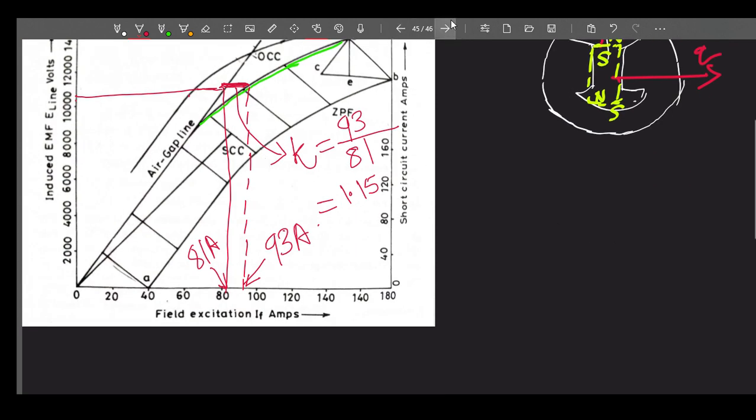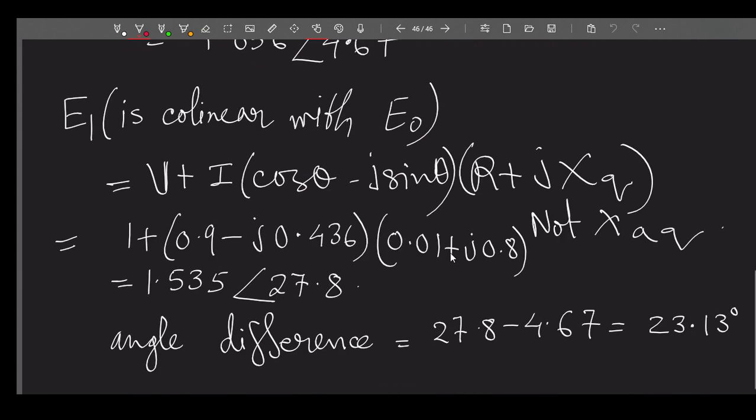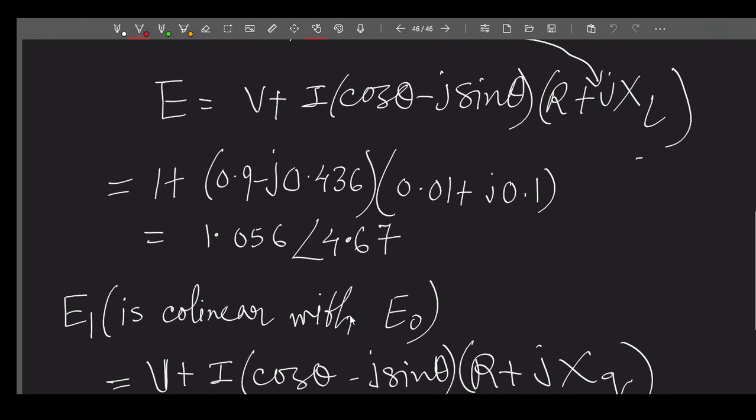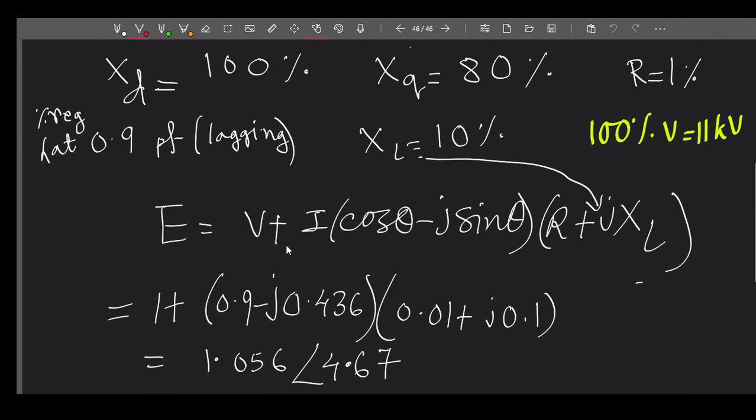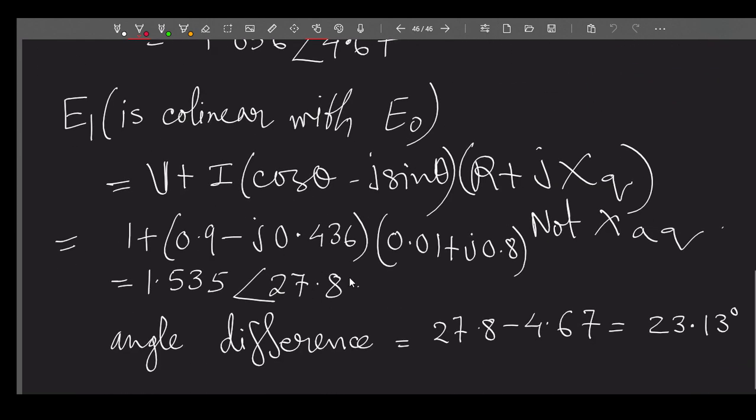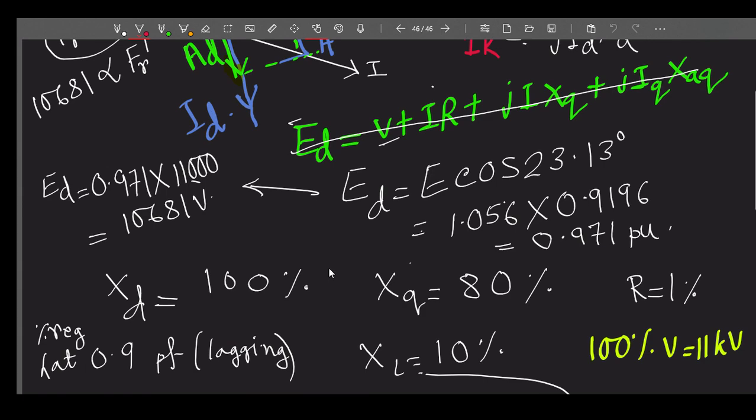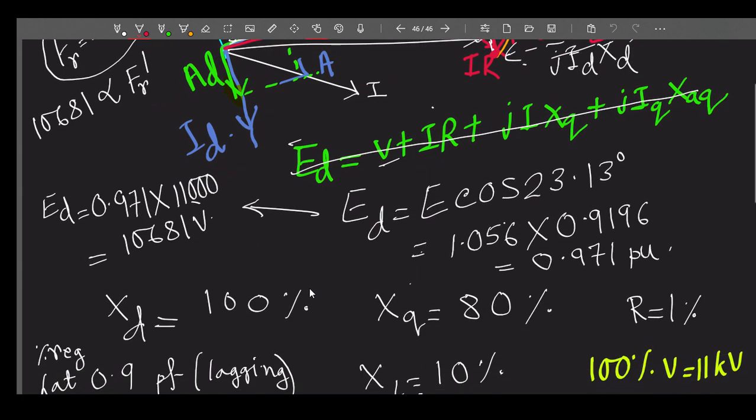So once we get this K, now for this one, why is this ED required? Once again, instead of finding ED from this complicated equation, we find it using this equation.